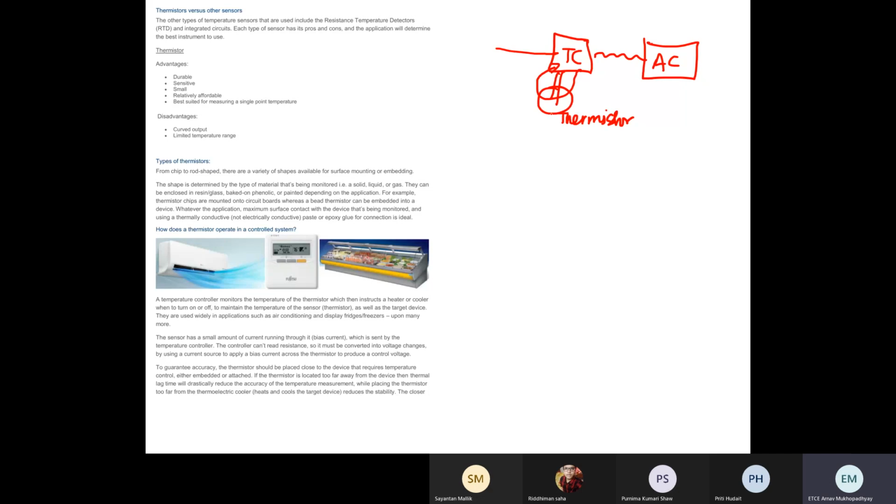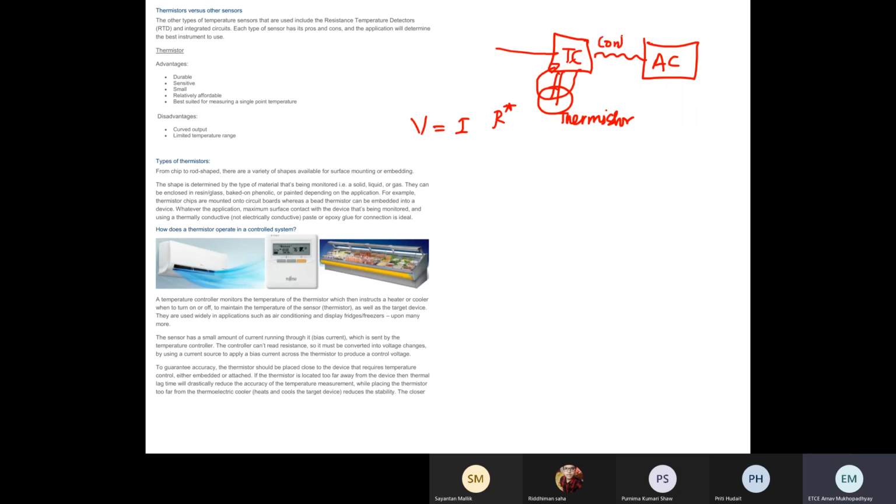The bias current will run through the thermistor, and we sense the voltage there. Since there will be a change of resistance, I into R will give a change of voltage. That voltage is measured by the temperature controller. From that voltage reading, it will determine whether it should turn on the AC or not.